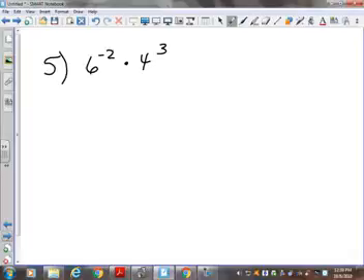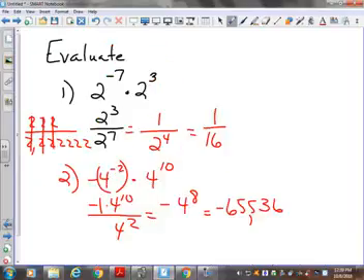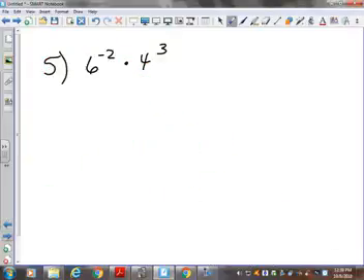It's not like I can add those powers because it's a multiplying problem, right? Or move it and subtract them. The only reason I could subtract these powers earlier was because they had what? The same base. So in this problem, I don't have the same base, which means I have to just know how to work powers out.